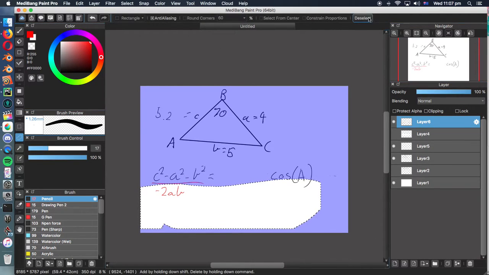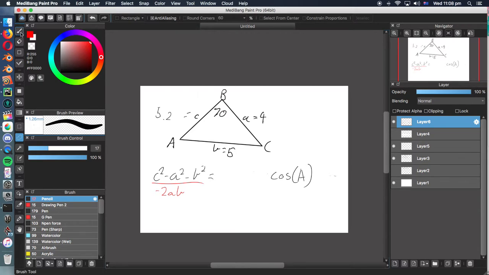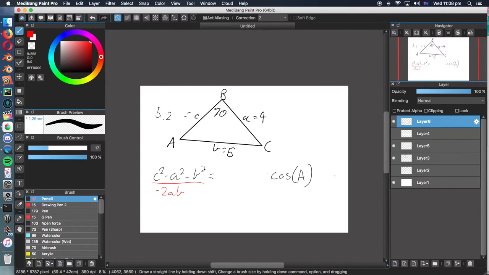Go to the lasso to deselect, and then we have more space to work with. So now I'm going to flip this around. You guys should know the reason why you can flip this around real easy.